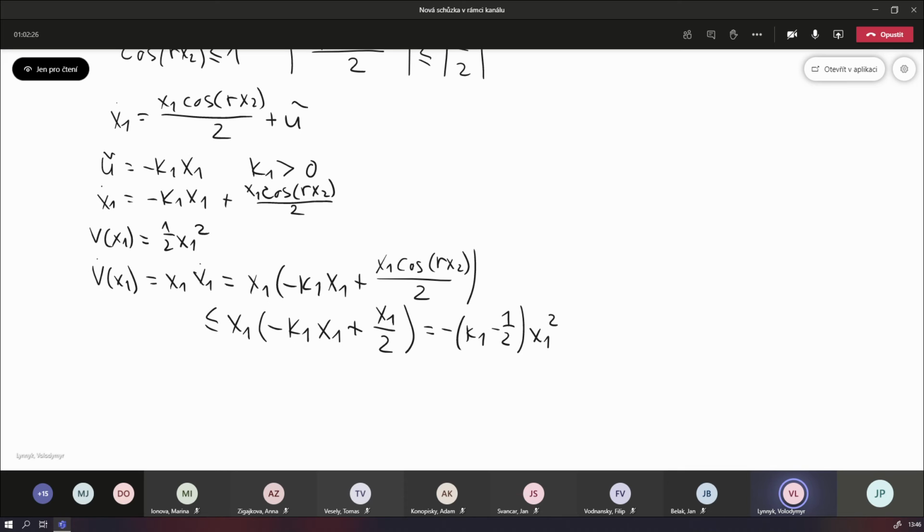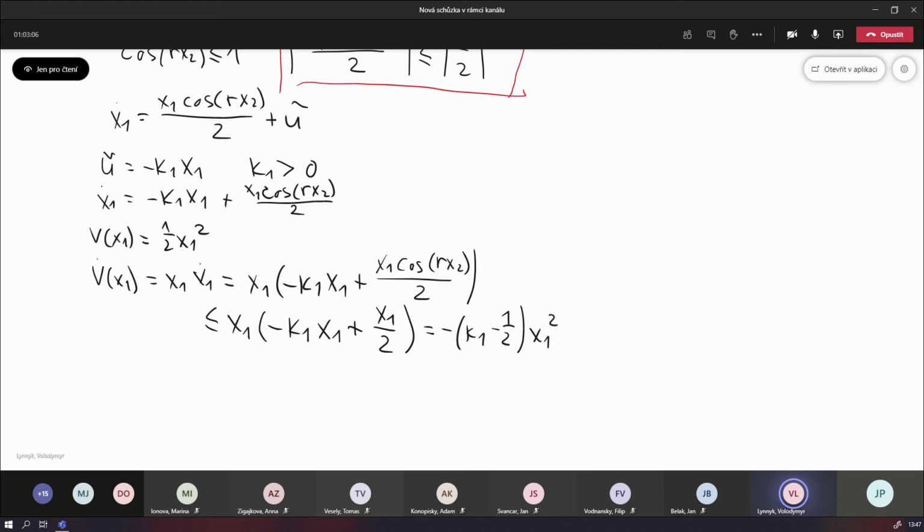We use this inequality, and you can see that x2 doesn't matter, because all of this is less than or equal to x1 divided by 2.